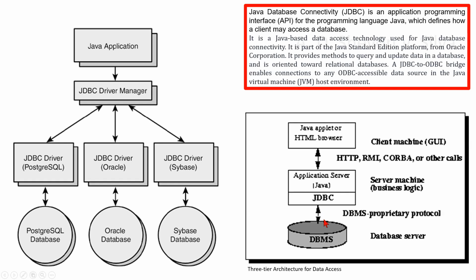Here you can see the database server DBMS, and the DBMS proprietary protocol is passed from server machine to database server and database server to server machine. And the client machine interacts with the server machine, which interacts with the database server.